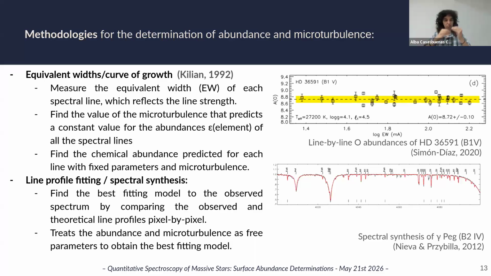So what it consists of is just comparing the observed spectrum with a grid of models, and the correct parameters will be the ones of the best fitting model. And here we include an example of an analysis made using line profile fitting of a star and the best fitting model that they found.